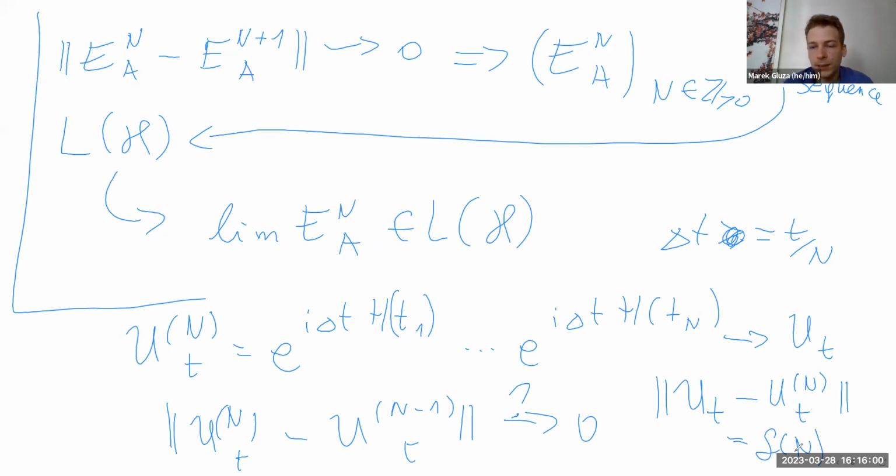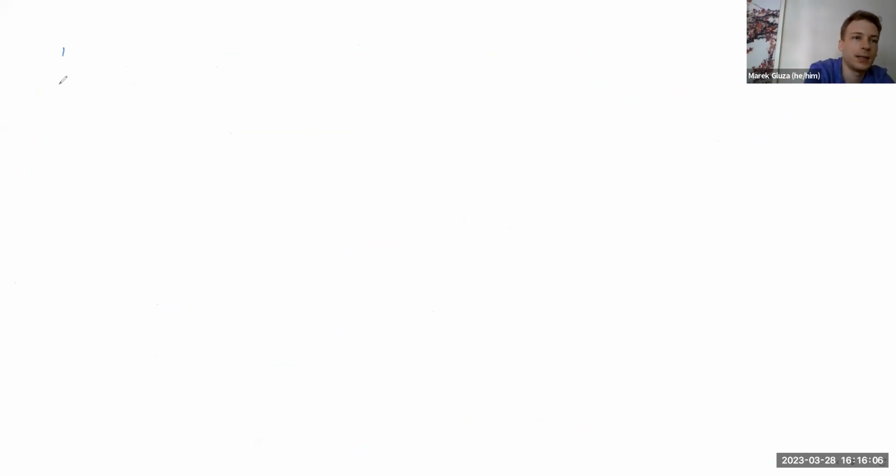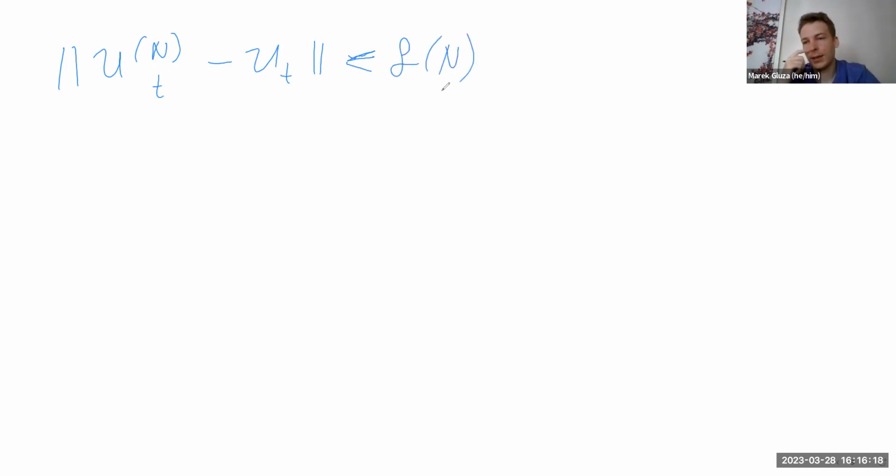So that's basically nice, because let me now lead with that. So let's say I can do this kind of approximation, the norm of U_N(T) minus U(T) is bounded by f of n. So then I could say, okay, so maybe in the lab I can apply pulses.